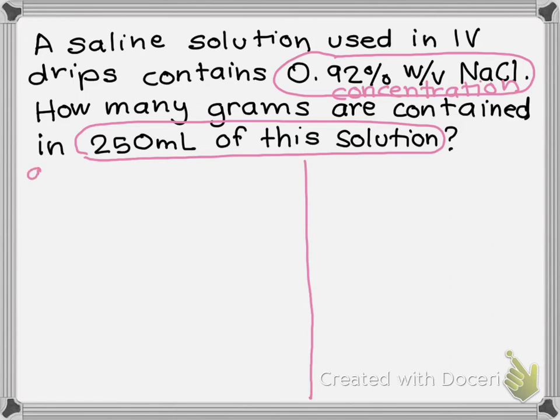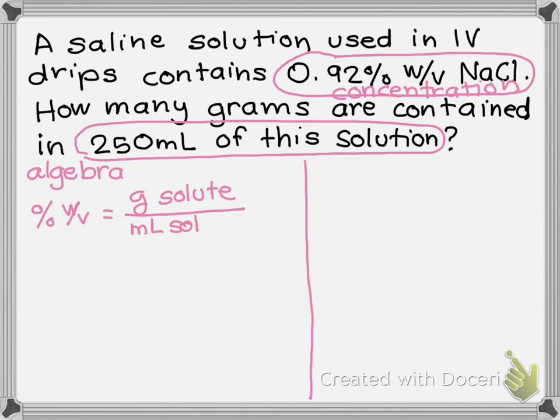So doing algebra first, I'll try that first. So this time I have weight to volume. I know that the percent concentration is going to equal the grams of the solute divided by, because it's volume on the bottom, the milliliters of solution, see, weight to volume, times 100.